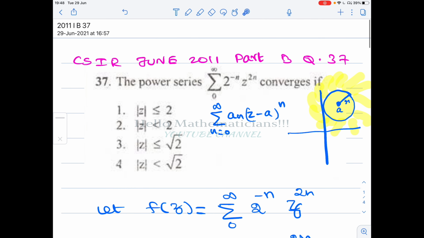Now we come to our explanation. Maybe I'll erase this part.